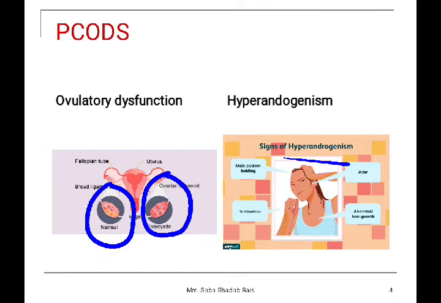They may also face type 2 diabetes, dyslipidemia, hypertension, cardiovascular disease. So see, all these problems are interrelated. Women with PCOS generally exhibit an increased serum luteinizing hormone concentration, low normal FSH level, and if you observe the ratio of LH and FSH, it is going to be higher.